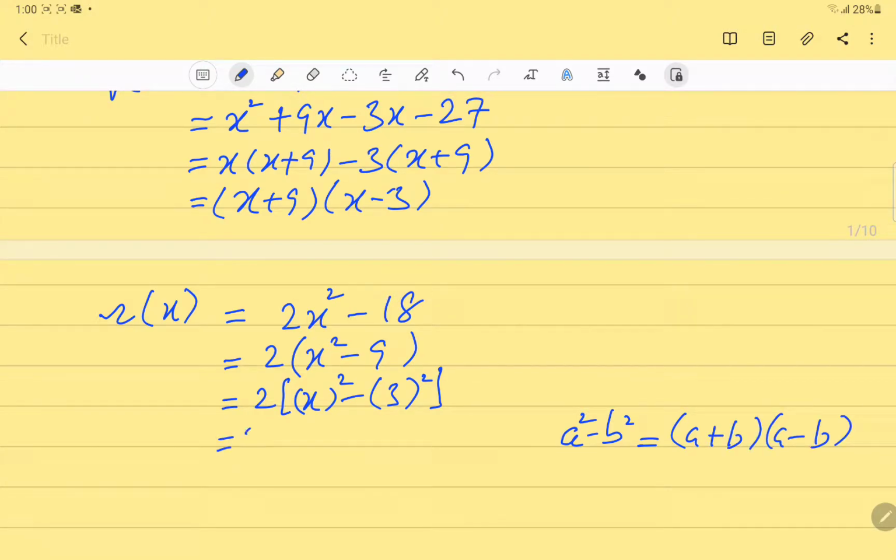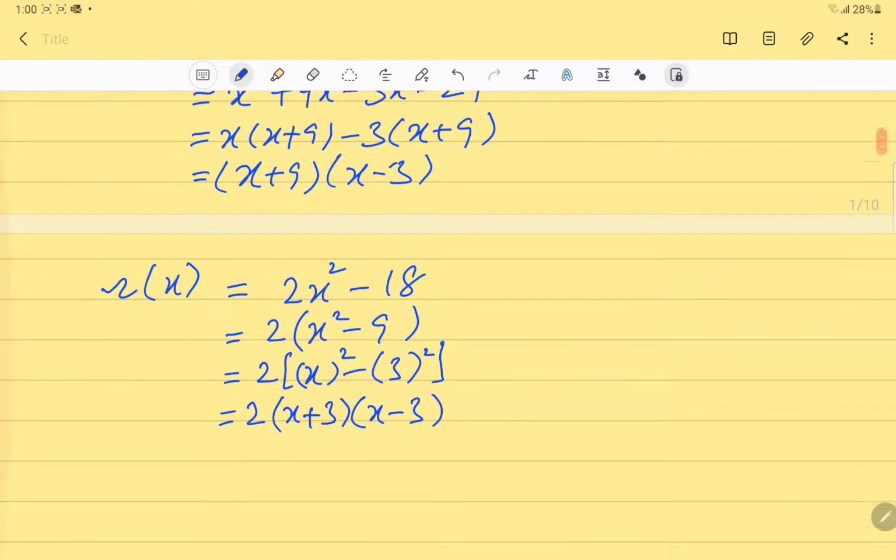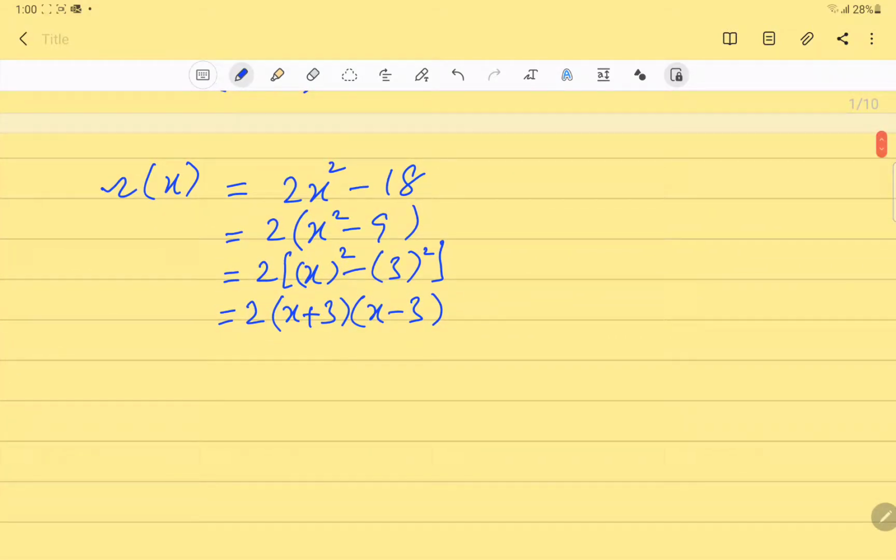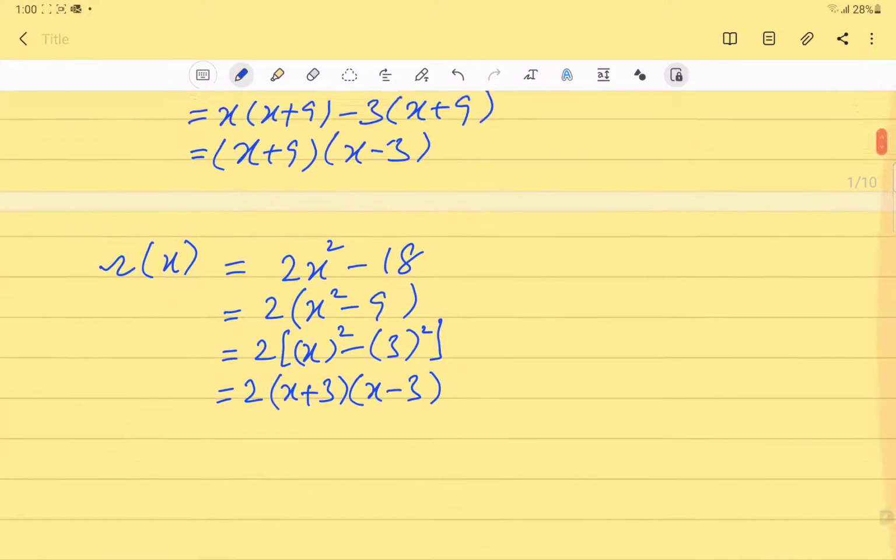Using this formula we can write 2 into x plus 3 into x minus 3. In this way we have factorized all our three expressions.